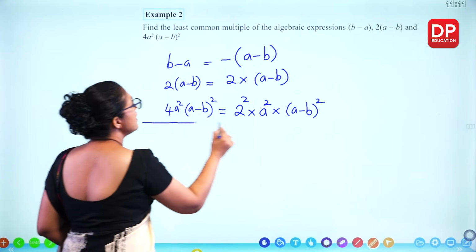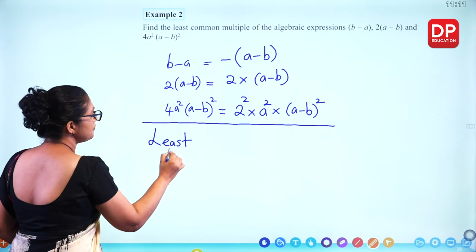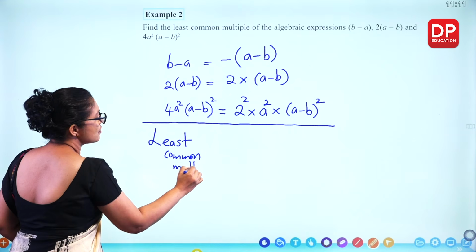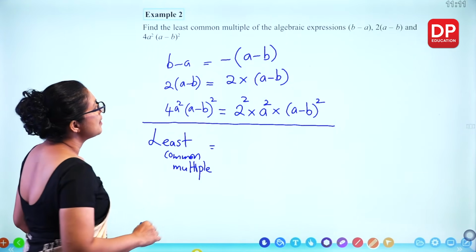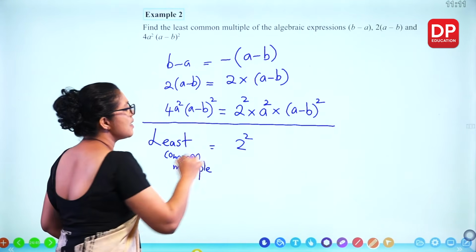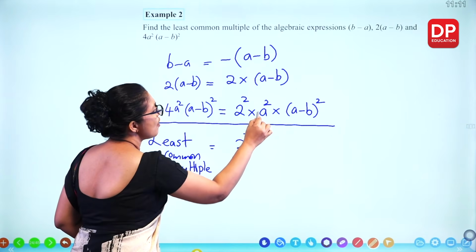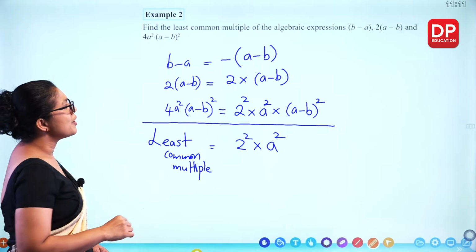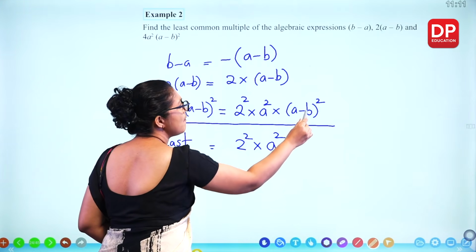Now look at the least common multiple. So what's the answer? When you look at power of 2's, the maximum power is power 2. When you look at a, maximum power is power 2. What about a minus b? When you take all these three, what's the maximum power?